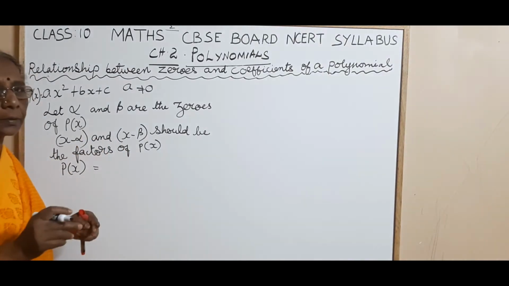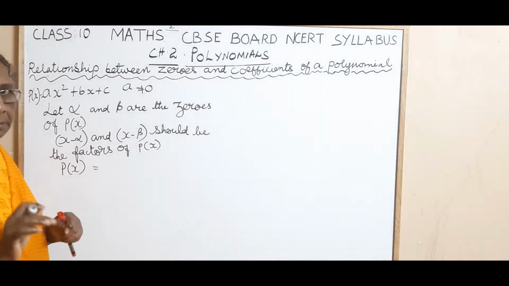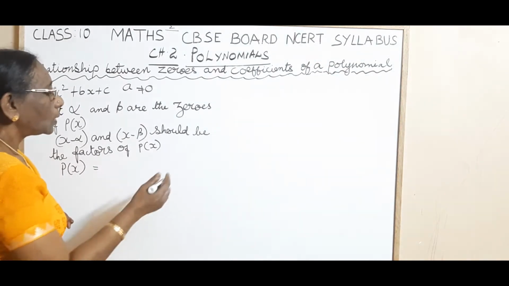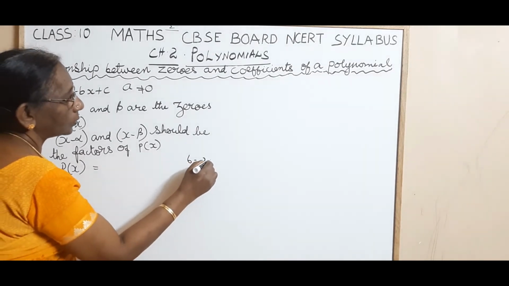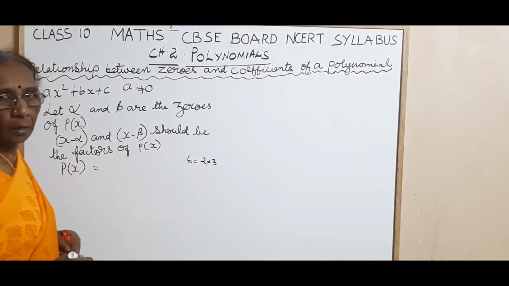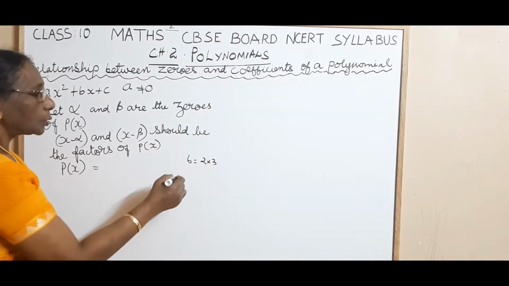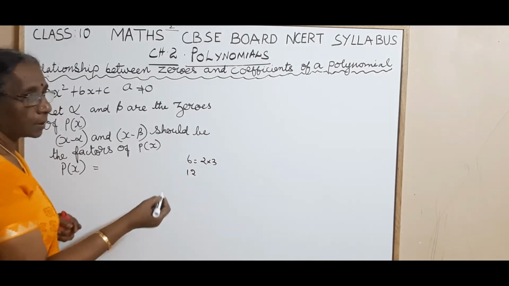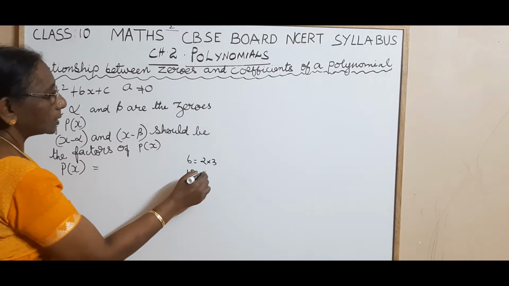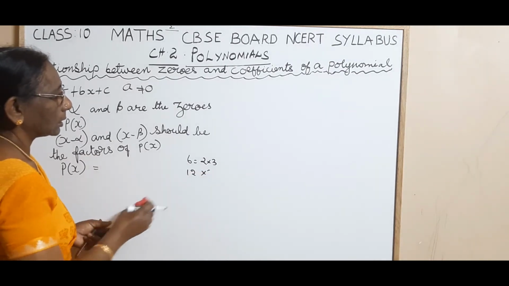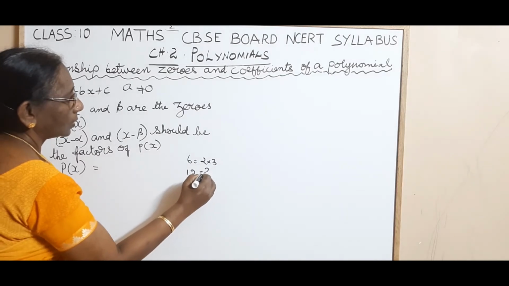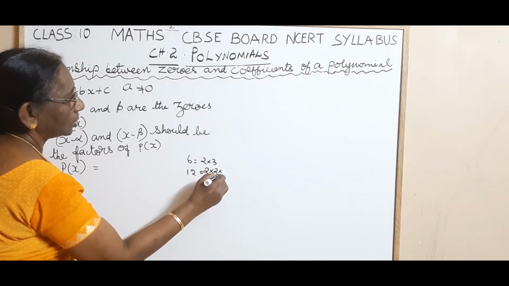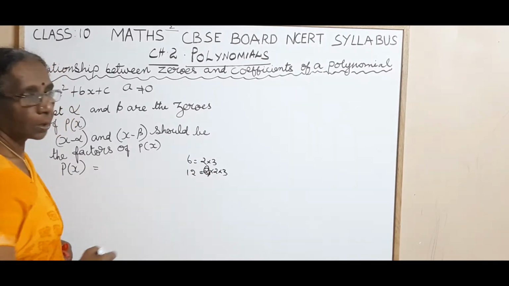Now we say 2 and 3 are the factors of 6. So we can write 6 is equal to 2 into 3. Isn't it? 2 and 3 are the factors of 12 also. So it is equal to 2 into 3, and we are getting one more 2 here.